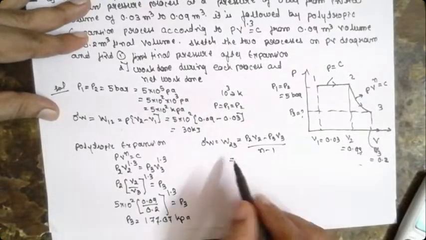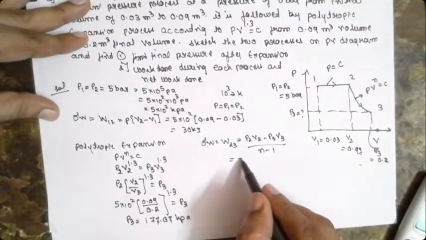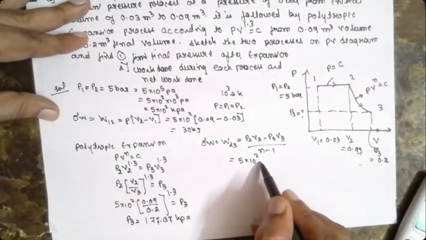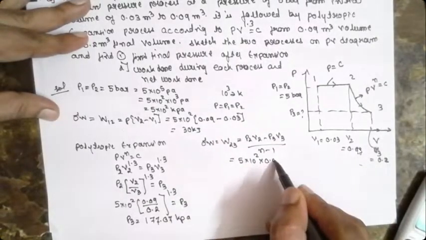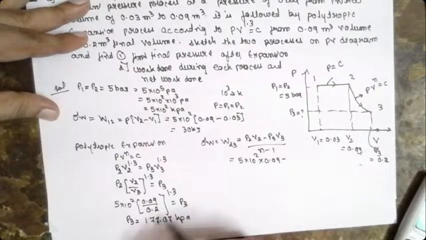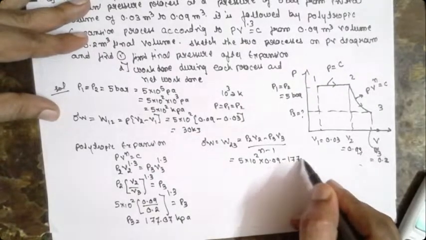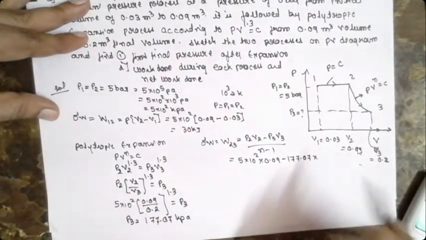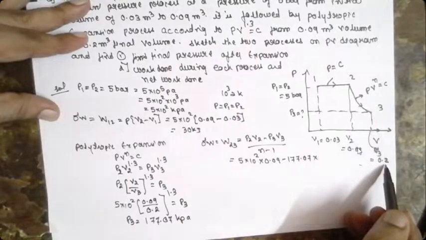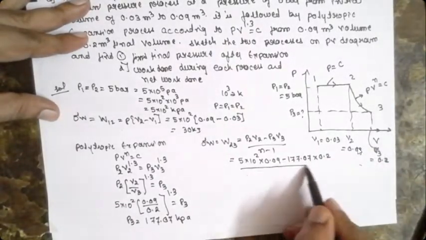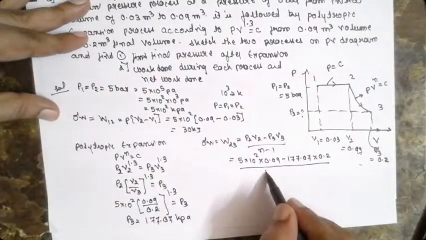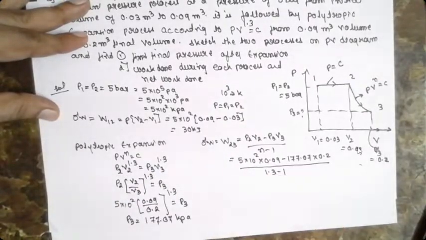We know P2 value is 5 into 10 raised to 2, V2 value is 0.09, P3 value is 177.07, V3 value is 0.2, and n value is 1.3 minus 1.